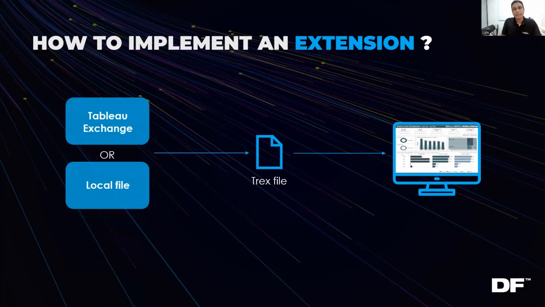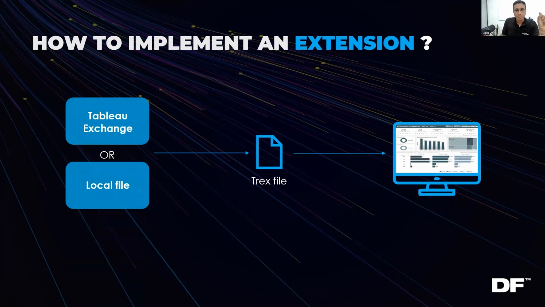One is Tableau Exchange, where you have seen that in one of the slides, or you have a local file. It's not necessary that all the extensions should be listed on Exchange to make it work. You could even have a developer who knows a bit of front-end coding create it in-house, host it on a web server, and make it work internally, right? You just need to do some whitelisting here and there.